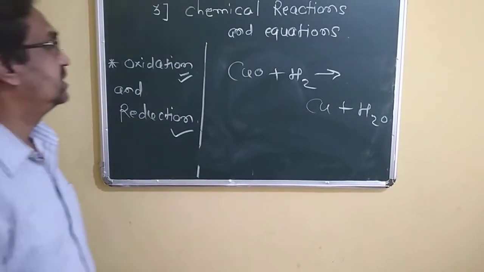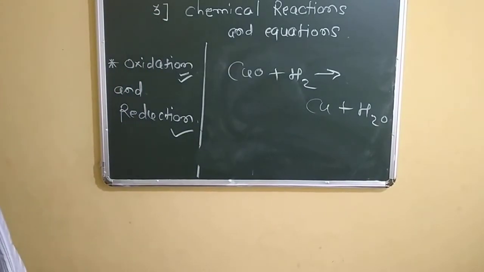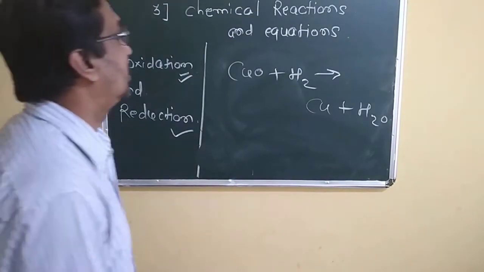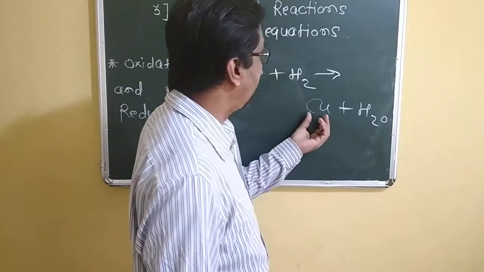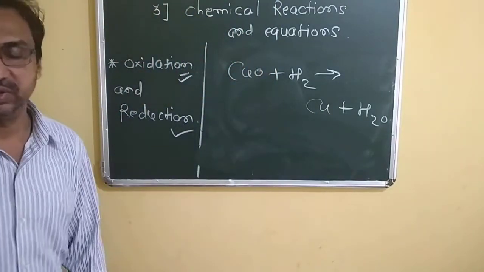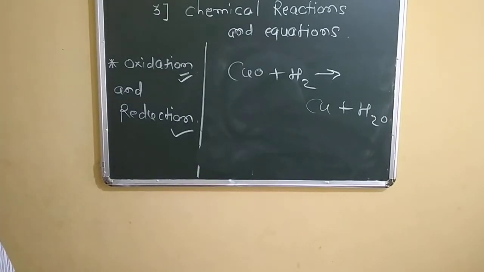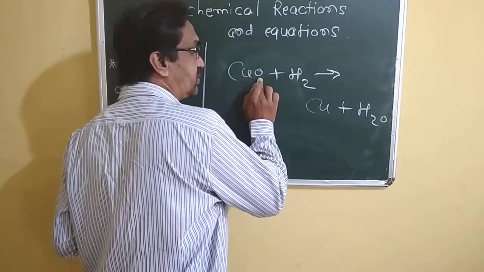Black copper oxide is there, and hydrogen gas is passed over this copper oxide. What will happen? The reaction is such that copper and water are produced. So in this way, what you have to see here is a reduction, a reduction of oxygen.